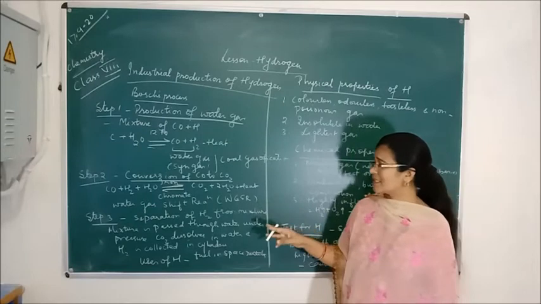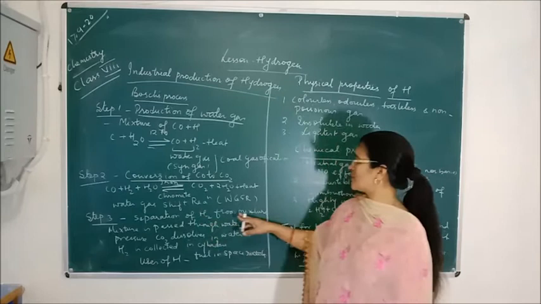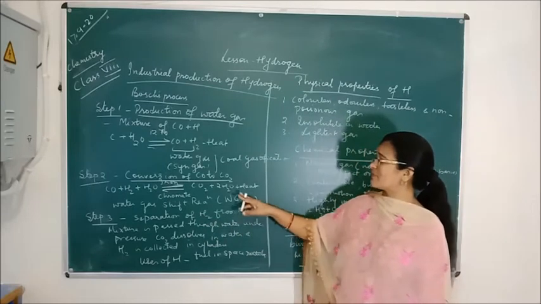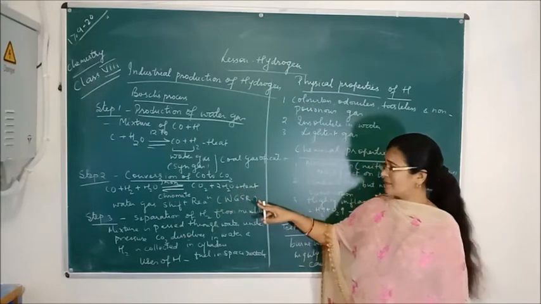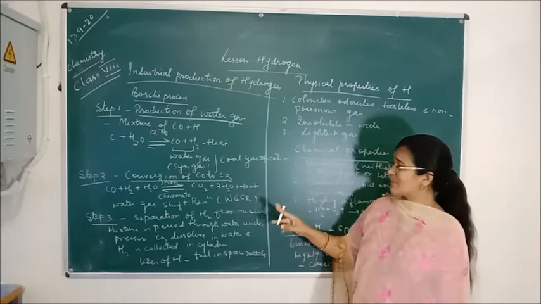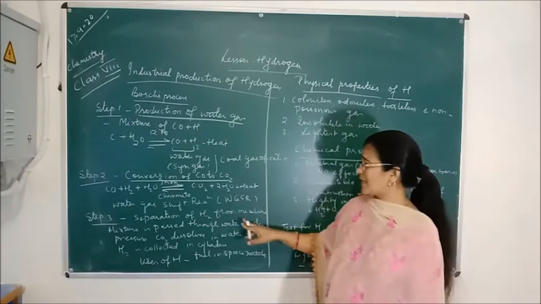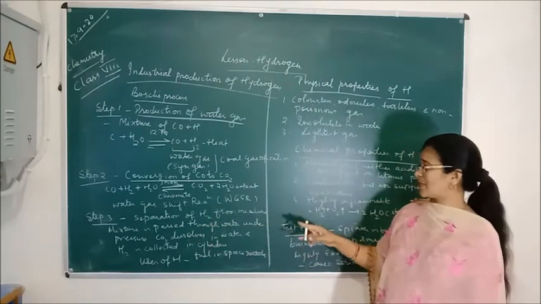And in the third step, what happens? The separation of hydrogen from the mixture takes place, means from the mixture of carbon dioxide and water, the hydrogen is separated, and this mixture is passed through water under pressure. So what happens when the mixture is passed through water under pressure?